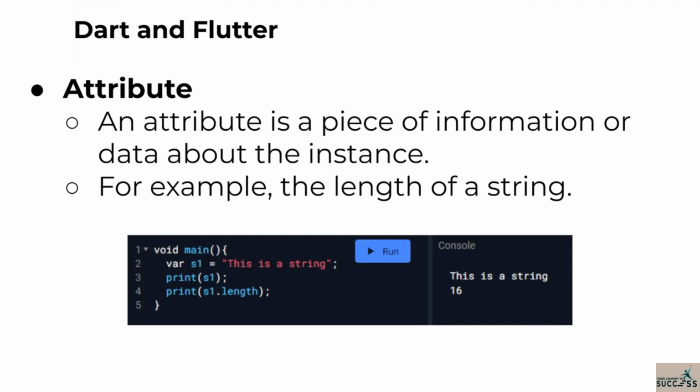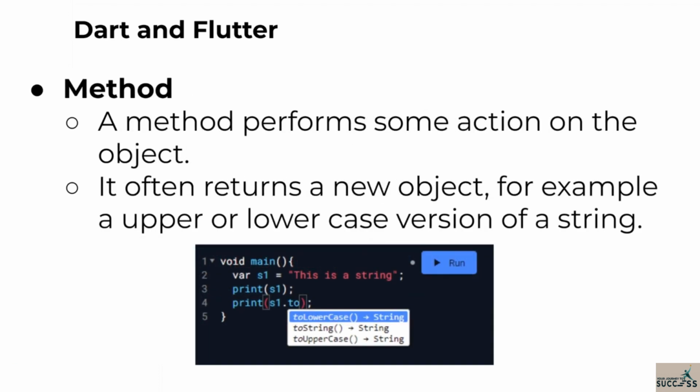So let's take a look at a method example. A method usually performs some action on the object or returns something based on a transformation of the object, and it often returns a new object. For example, you can ask for an upper or lowercase version of a string. Same thing, I have S1 is equal to "this is a string," and as I type S1.to, you'll notice that I have these method calls available.